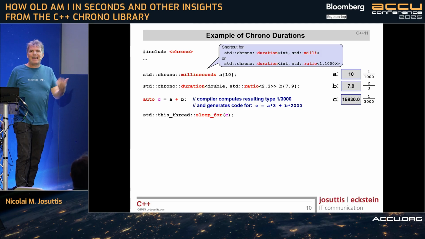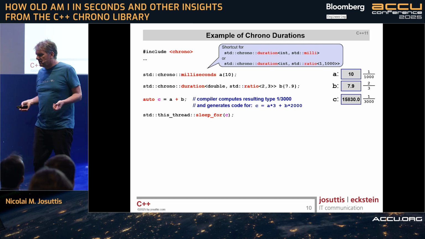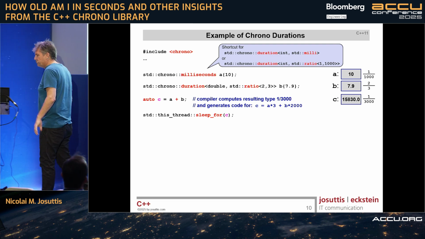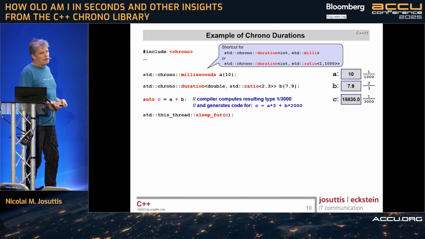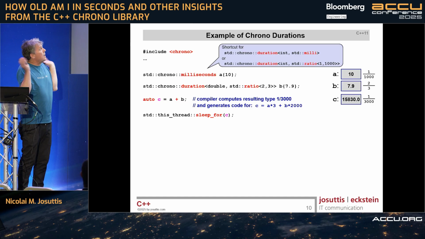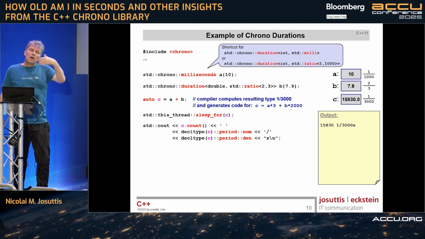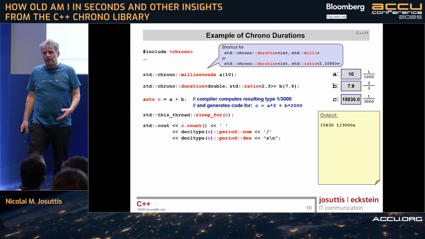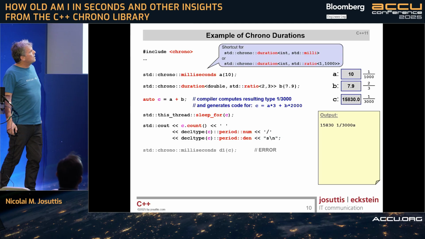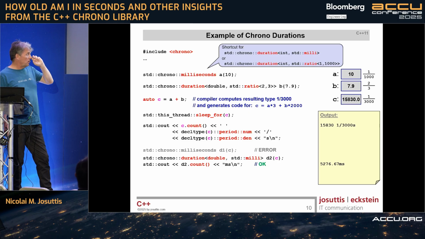And you can pass that to any function that uses durations, like let's sleep my thread for that strange period of time, because here the standard library says I can deal with any duration. I will just, knowing what the operating system needs, convert that to the right type. So we print out the value, and the same way we try to convert to milliseconds.